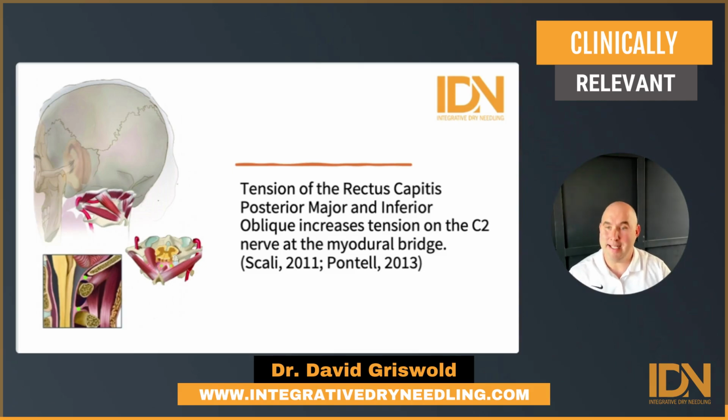When you get tension in those suboccipital areas, it can increase tension on the C2 nerve at the myodural bridge. So the concept here is that higher level nerve irritation or nervous system irritation can create muscular guarding that can then put tension on the dural system. And we know that when you have dural restriction in one area, it can potentially lead to restrictions in adjacent areas as well.